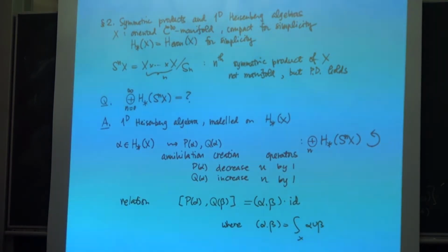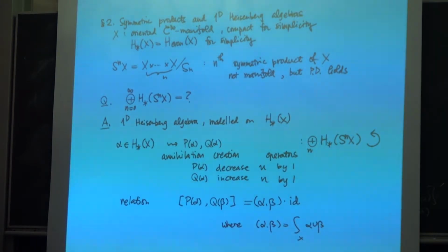The generalization to odd cohomology groups is also simple, but for simplicity, I assume X has only even degree cohomology group. And I consider the symmetric product of X, which is just: I first take the nth Cartesian power, and I divide by the symmetric group.